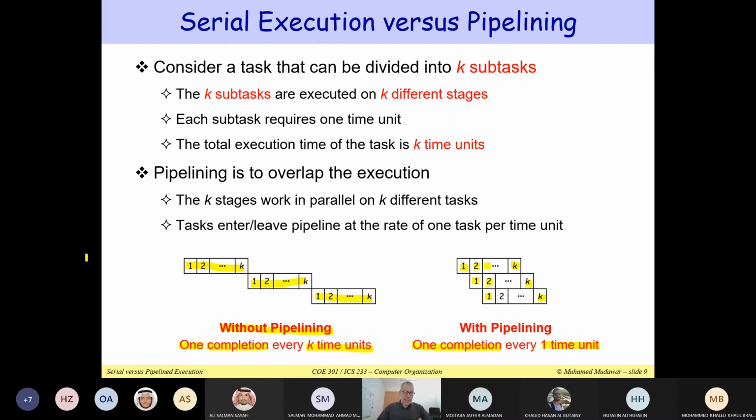Suppose that each stage will take 1 cycle, so here the time unit is just 1 cycle. How many cycles does it take to execute these? If I would like to execute n tasks without pipelining, how long does it take? N times k.